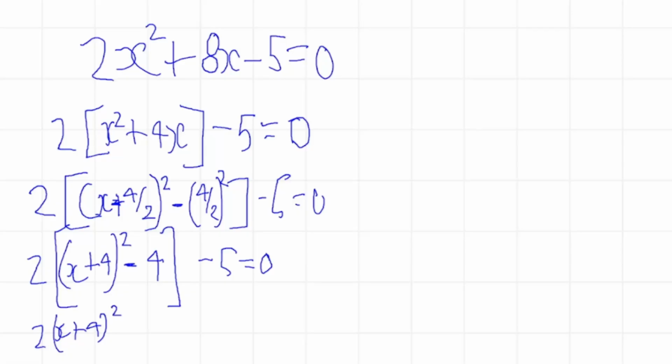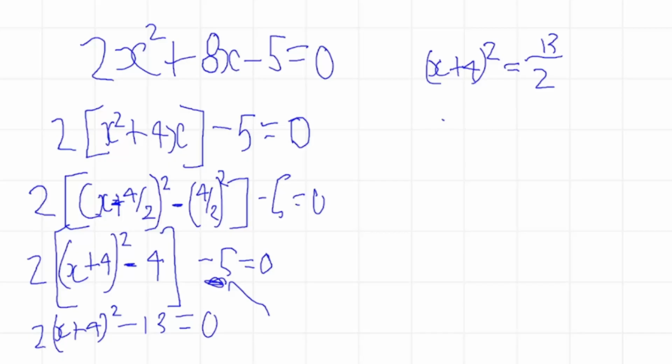So what it is, it's 2 times minus 4, which is minus 8, but then you also need to minus this 5, so it's minus 13 equals 0, and then we just start rearranging it. So we take the minus 13 across and divide it by 2. So it would be x plus 4 squared equals 13 over 2.